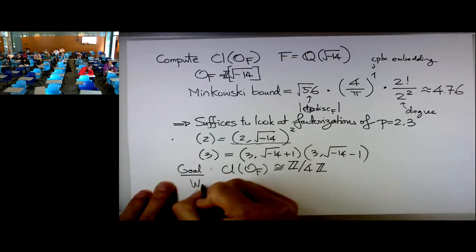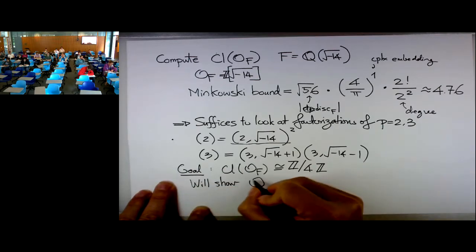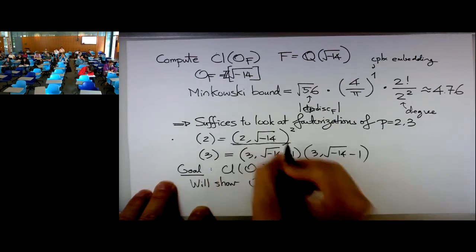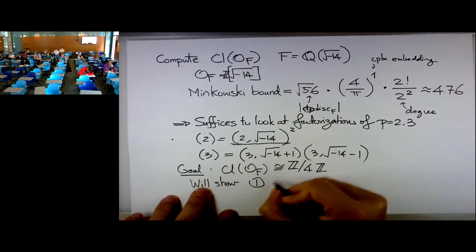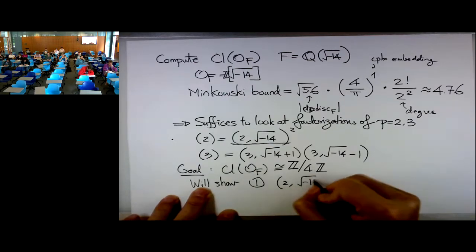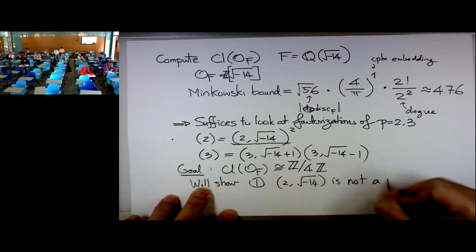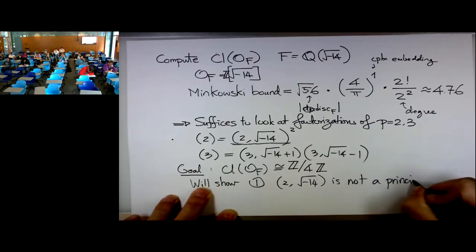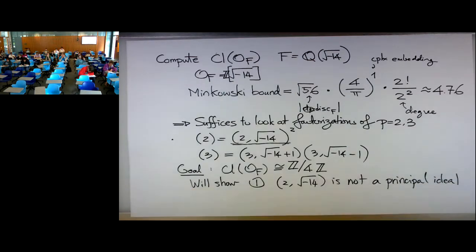So what we'll show is that first of all, this ideal (2, root of -14) is not a principal ideal, and therefore it will represent a non-trivial element in the class group of order 2.